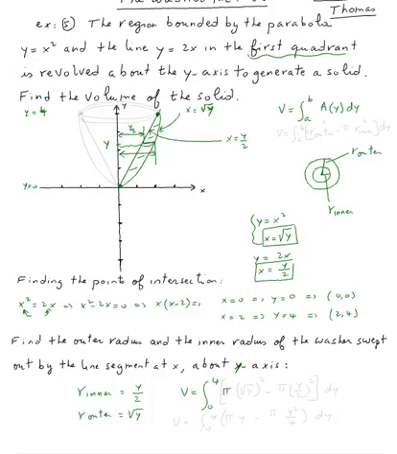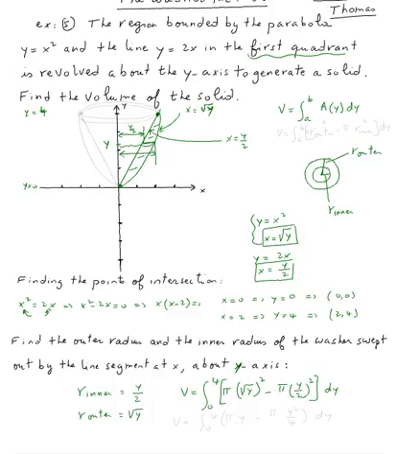Then it's pi times R outer squared, which is square root of y squared, minus pi times R inner squared, which is y over 2 squared, dy.